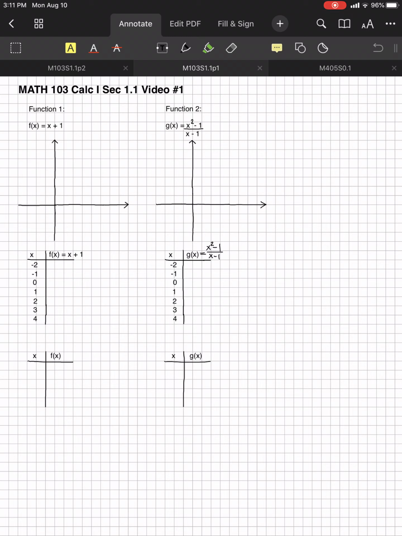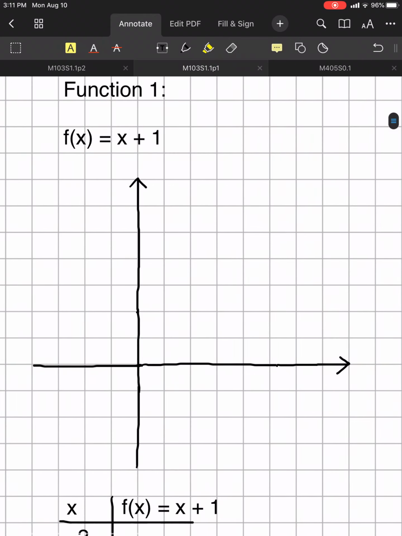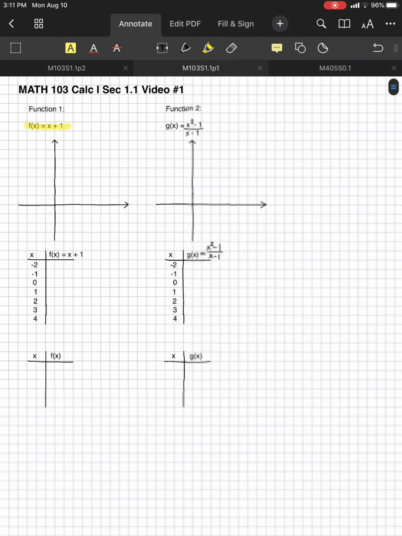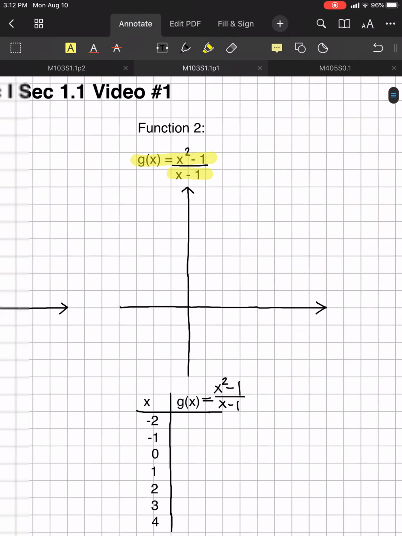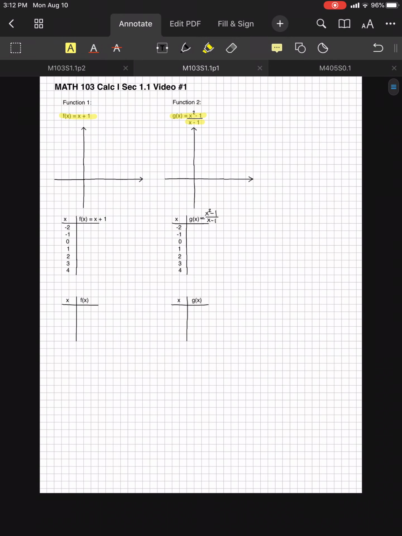To start with, we're going to look at two functions, and they may not look it, but these two functions that we've got right here, function 1 and function 2, are going to be the two functions we're going to look at.